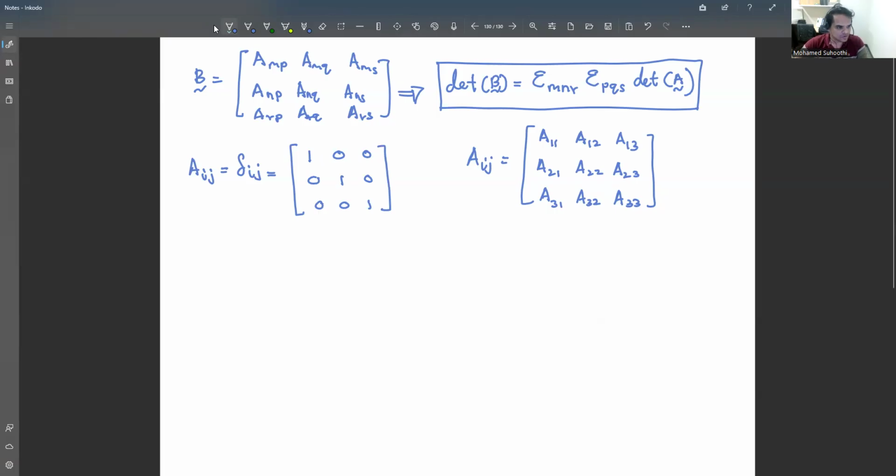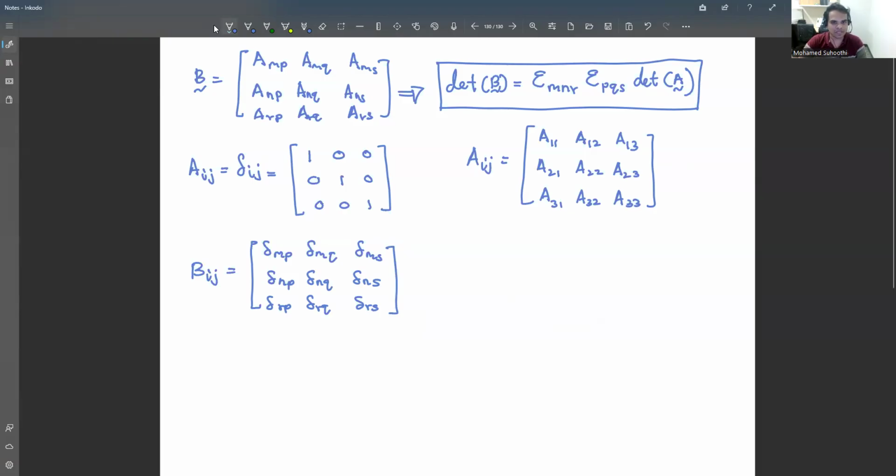Okay. So what is my B matrix now? Bij, A become delta, right? So therefore my B matrix: delta MP, delta MQ, delta MS, delta NP, delta NQ, delta NS, delta RP, delta RQ, delta RS. Okay.